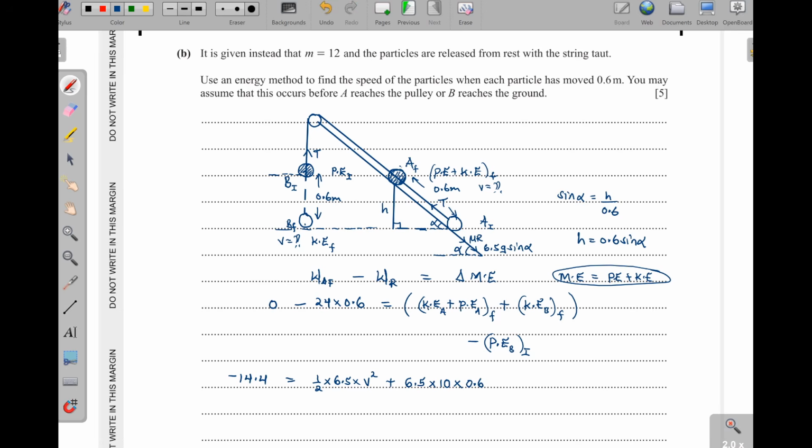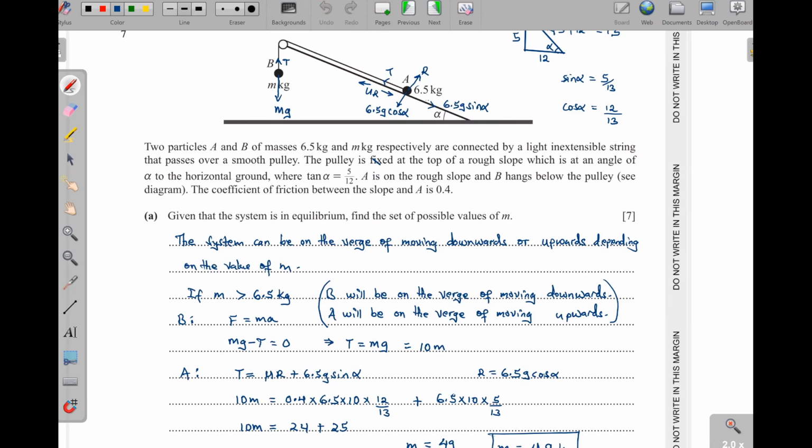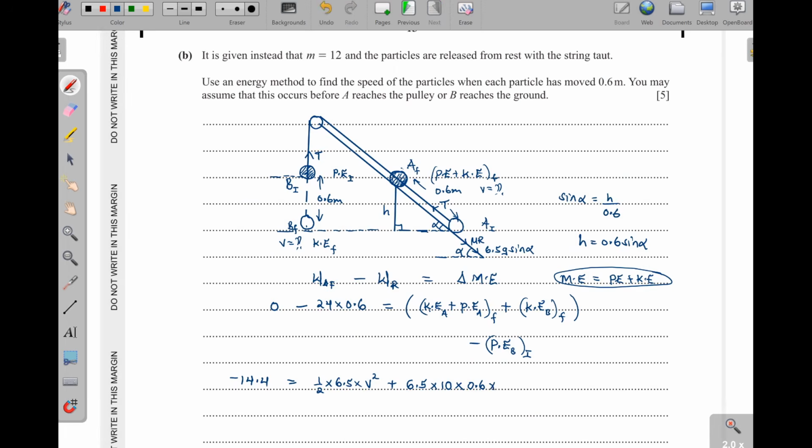Then sine of alpha, we got it here as 5/13, okay? 5/13, you see? Then let's go to the kinetic energy of B. That one is going to be a half times the m, which is now 12, times the speed of B, which would still be V squared. Then we shall subtract potential energy for B, that is mgh, so that is 12, then times 10, then times the h here, which is 0.6.